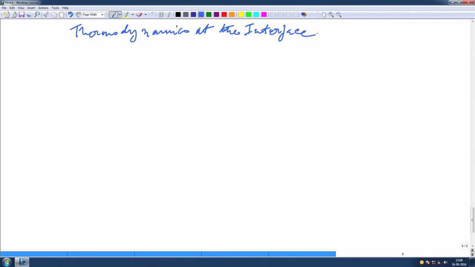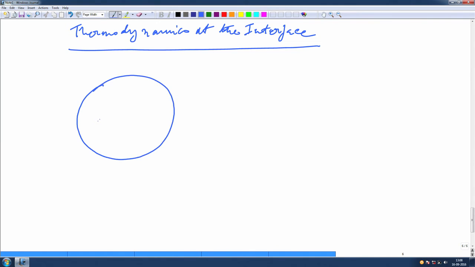So, what is thermodynamics of the interface? Let us look at the interface. For example, if this is a droplet of liquid, a raindrop say, this is the ambient. This liquid and the ambient are separated by this interface.